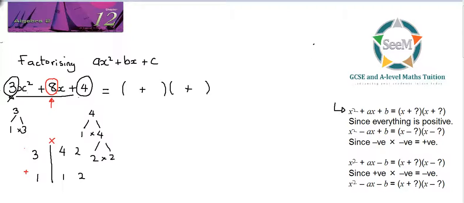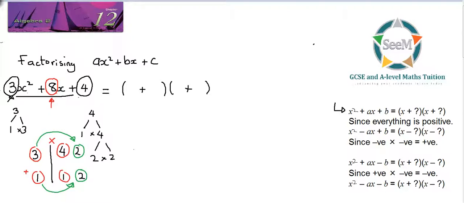So in this case, let's try 3 times 4 plus 1 times 1. Straight away we can see that it doesn't work out because 3 times 4 gives us 12, so it can't be that. So let's try 3 times 2 plus 1 times 2. So that and that, and that and that.